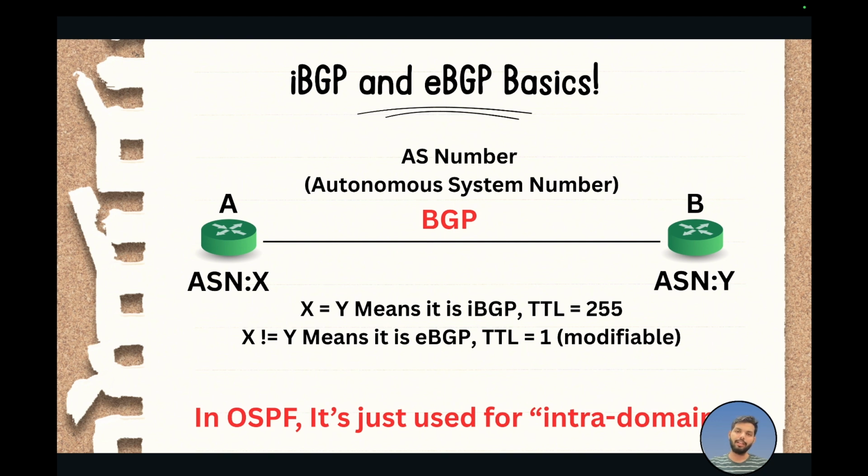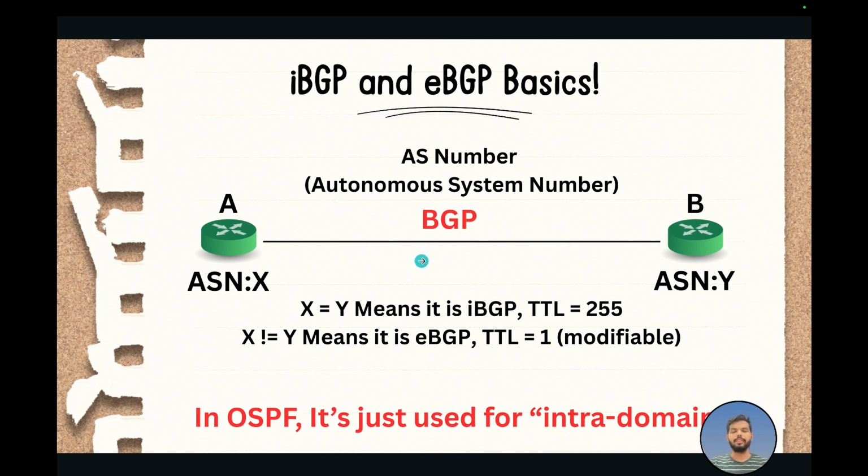If we have different ASN numbers, X is not equal to Y, then we have an eBGP neighborship between them. That is the basic difference between iBGP and eBGP. By looking at the configuration of both devices, you can see what flavor of BGP is running between them.